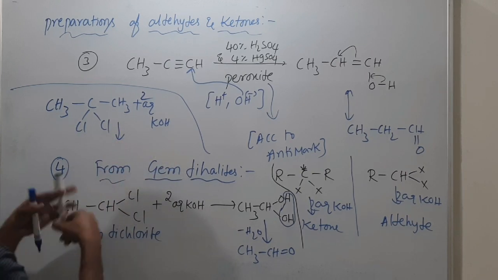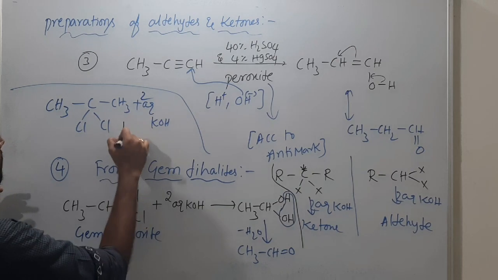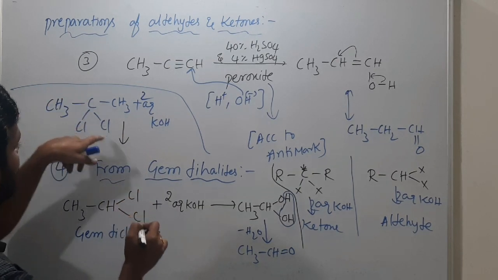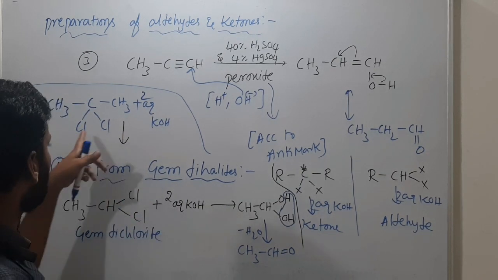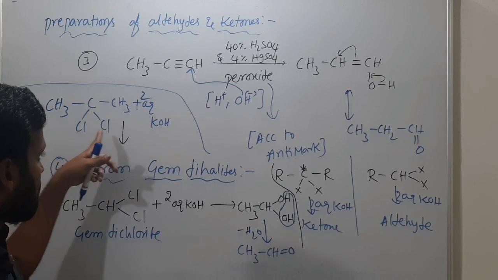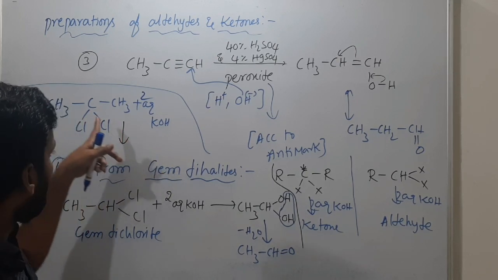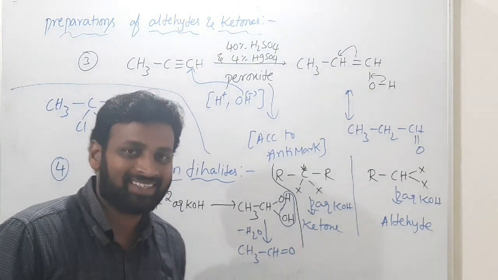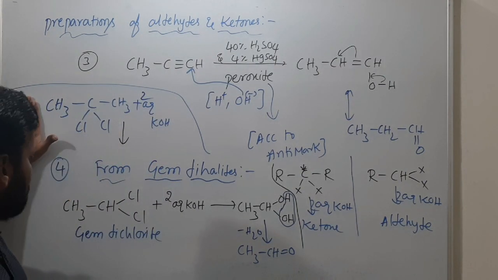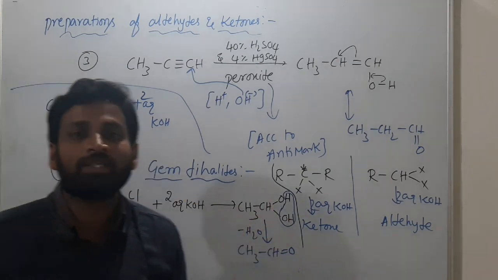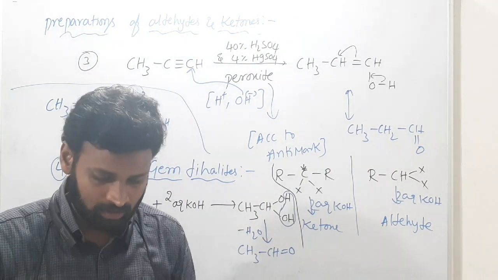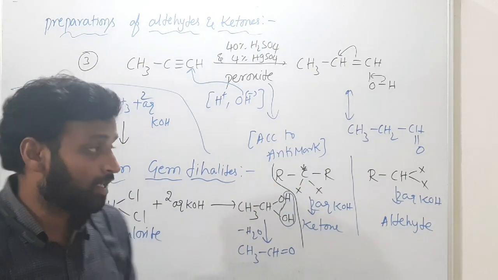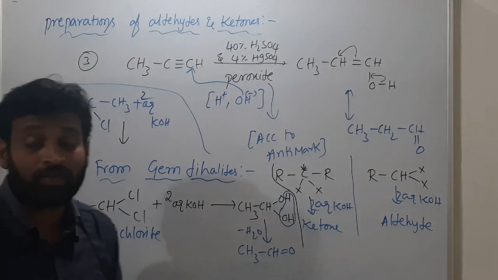Actually, why will you get ketone here? Because this middle carbon has 2 chlorines. So 2 OH groups will come at the middle carbon, water will be removed, and CH3 C double bond O CH3. So you finish this reaction and the previous ozonolysis reactions, and you send them and prepare all these, and these are very important.